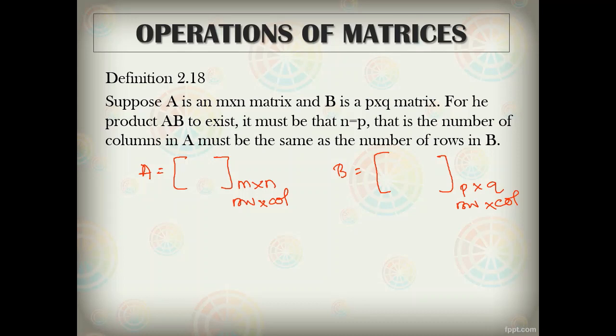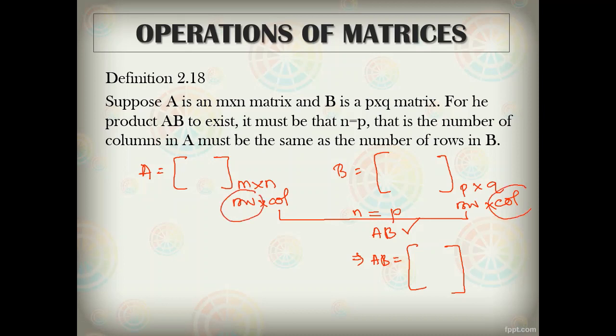In order for multiplication of A and B to exist, you must make sure the column of matrix A equals the row of matrix B. So make sure your N equals your P, then the product of A and B exists. Multiplication of A and B can be done, and the product is expected to be a matrix with order row by column.